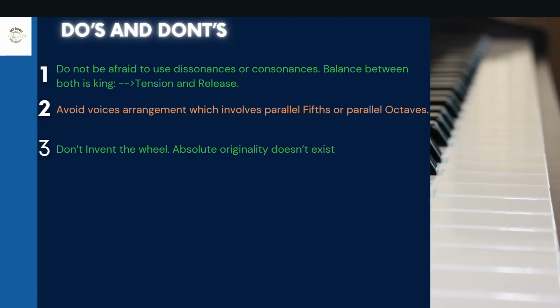Originality is based on using those elements and taking them to a different level. It's not about saying I want to do something original, because at this point you probably understand that nothing is truly original.